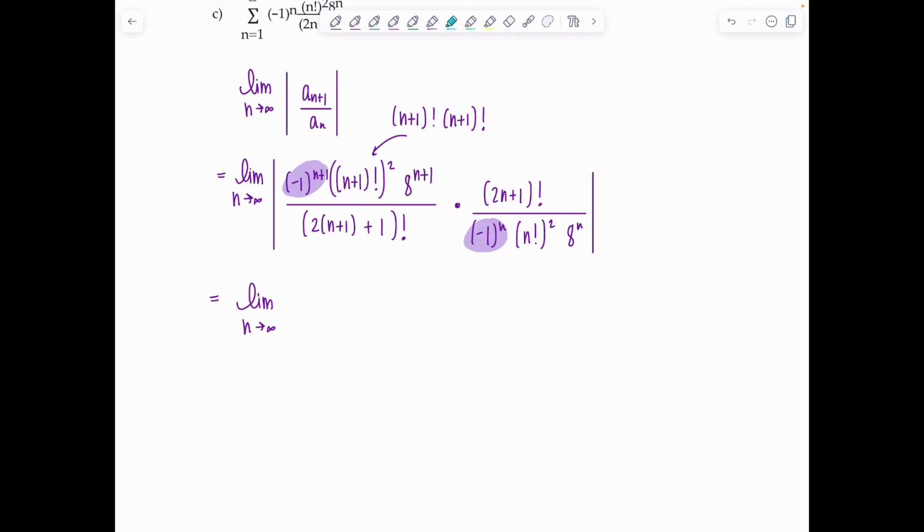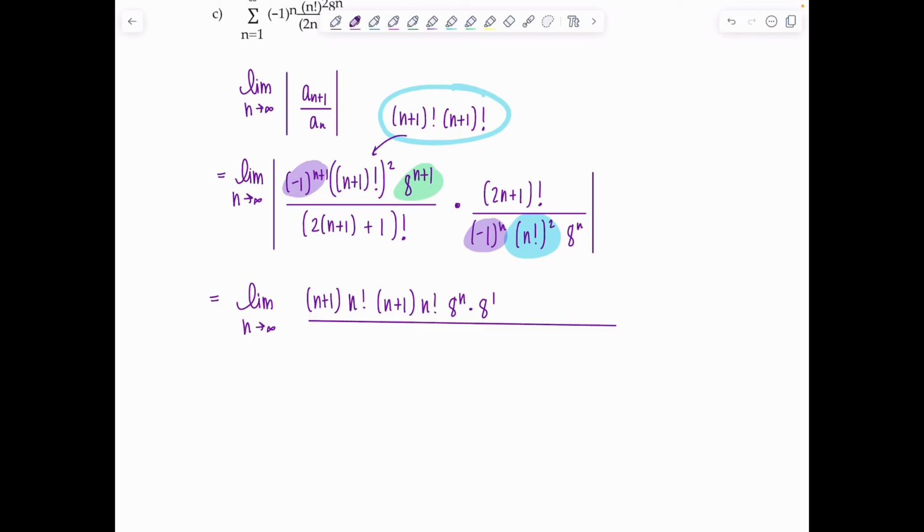And I'm going to try to get these guys to cancel with the n factorials down here. So I'm going to break them down. N plus 1 factorial is n plus 1 times n factorial, and I've got another one. And then this 8 to the n plus 1, I'm going to write it as 8 to the n times 8 to the first. Okay?